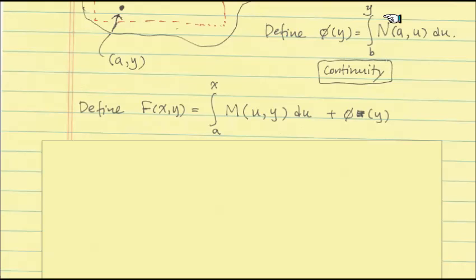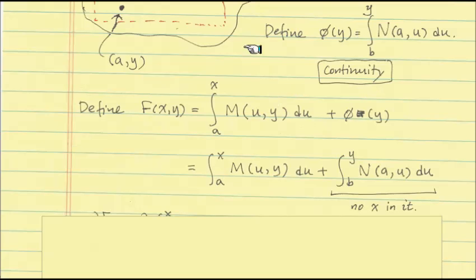The continuity of n and m as two-variable functions allows m, where y is fixed, as a function of u, to be still continuous, and the function where the x part is fixed as a and looked at as a one-variable function in the second slot becomes continuous. So the continuity of a one-variable function guarantees this one-variable integral exists. That's the integrability of continuous functions. That's where the continuity is used.